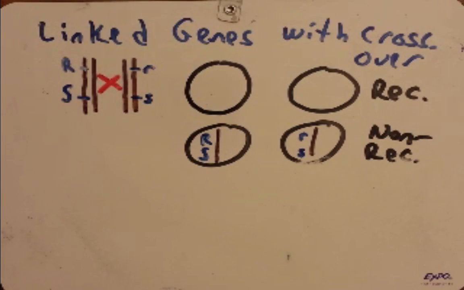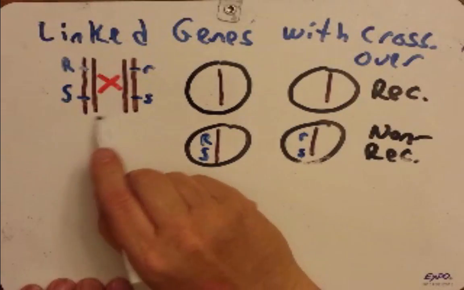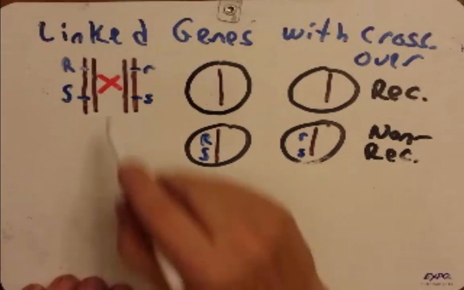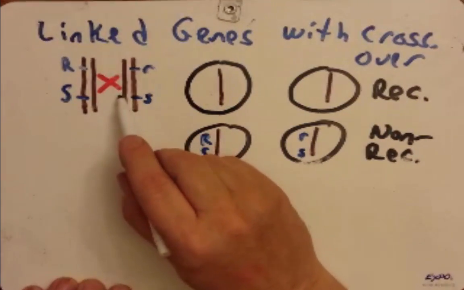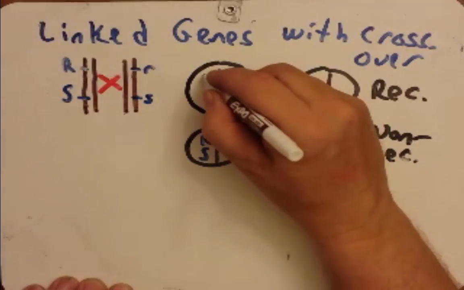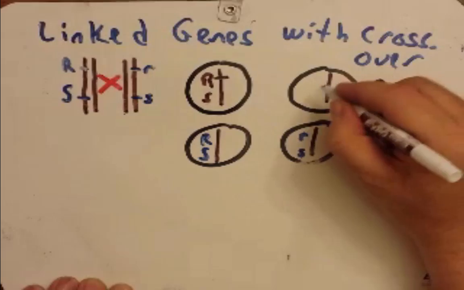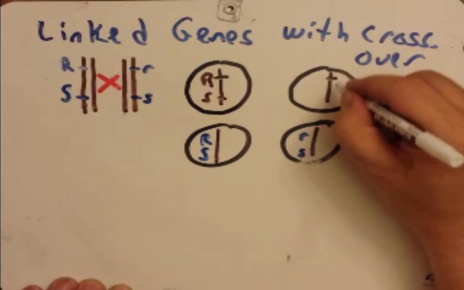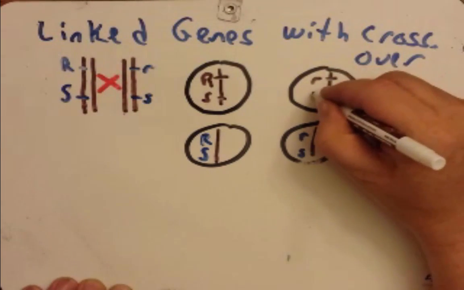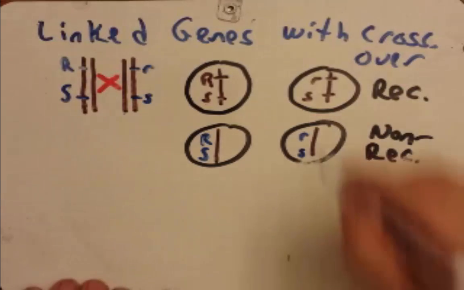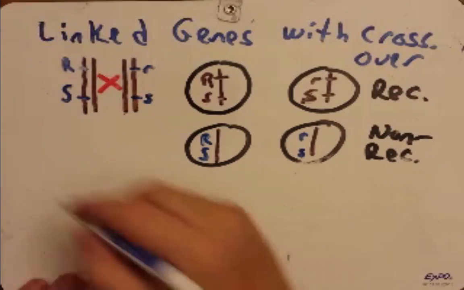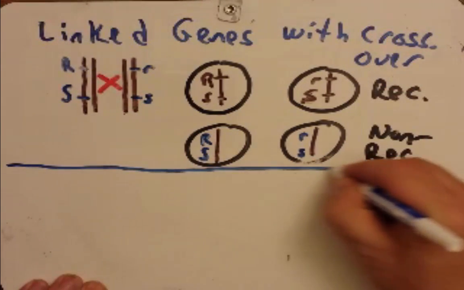And then our 2 recombinant are these 2 middle ones where crossing over has occurred. So you're going to pick up the big R here, crosses over, picks up the little s. So it's going to be big R, little s. And over here it's going to be little r, big S.